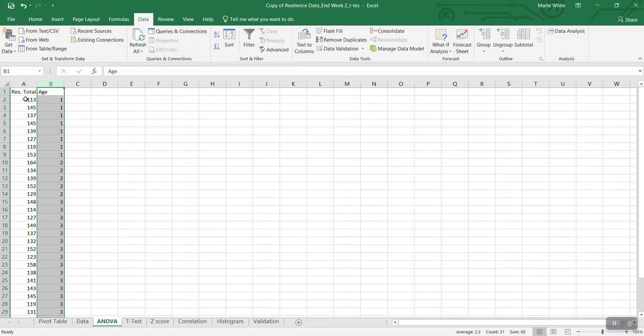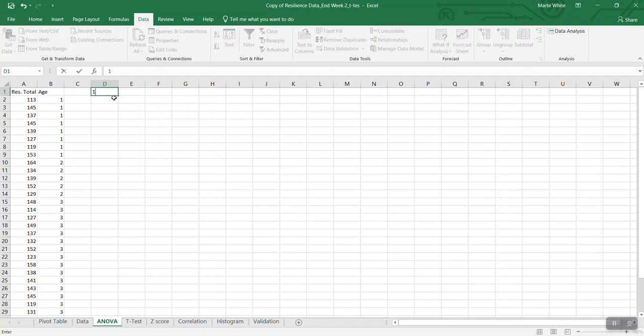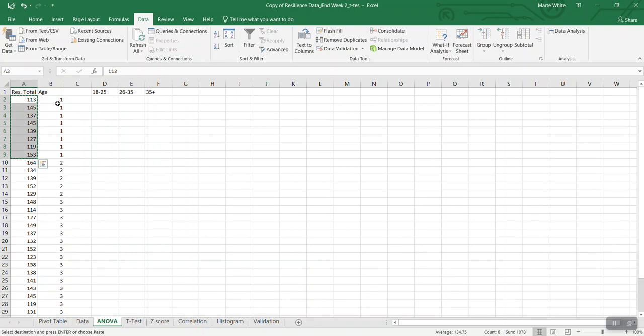Let's start over here. Let's add a title: 18 to 25, 26 through 35, and 35 plus. Now let's take these scores that go with 18 to 25, cut, paste them under here.